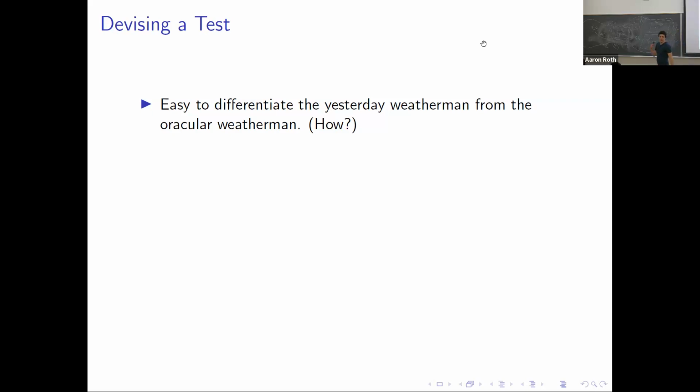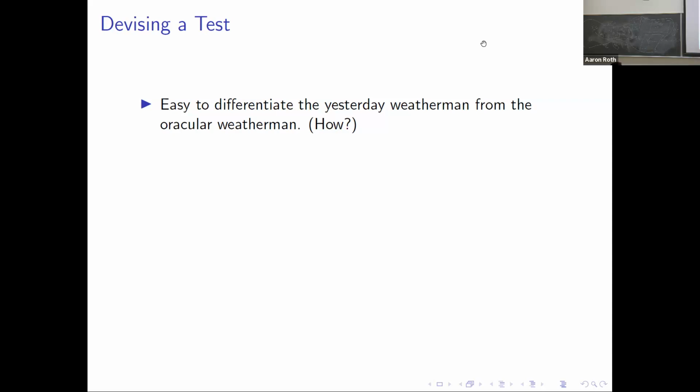So that is something that clearly delineates the weatherman who knows the true probabilities from the one who does not, and so can form the basis of a very simple statistical test that will result in the yesterday weatherman getting fired.